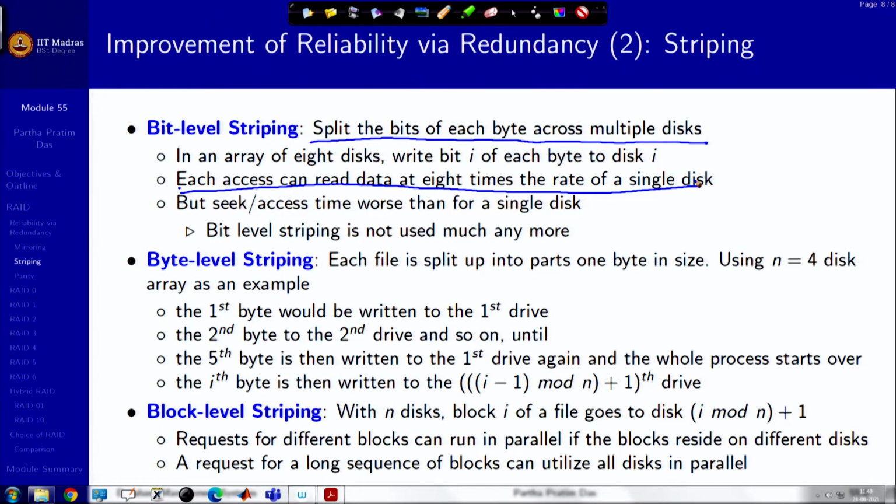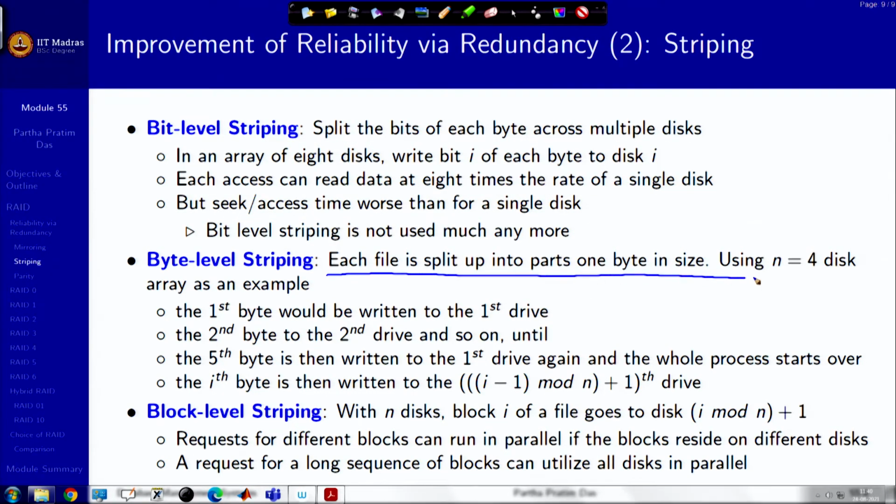So, that access would be fast, but the seek and access time would be worse than a single disk, because you will have to do the seek on all 8 disks together, right, through the controller. So, bit level striping has been used, but not used strongly anymore.